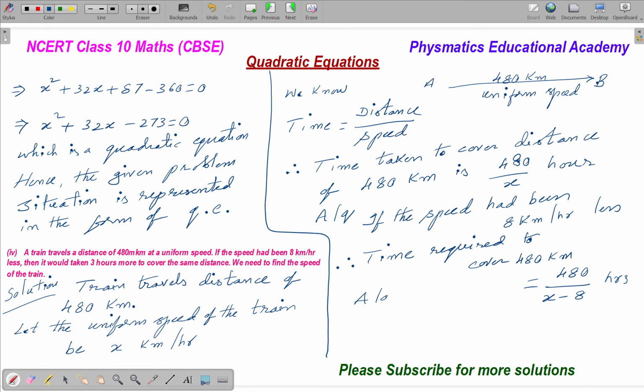Now, according to the question, 480 by x minus 8 is equal to 480 by x plus 3.